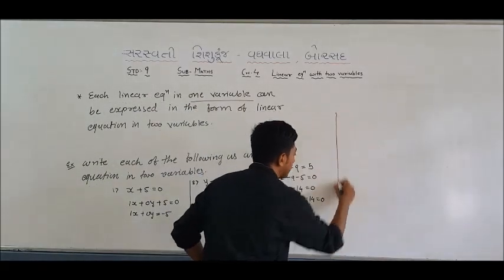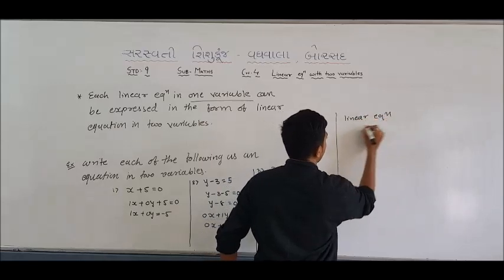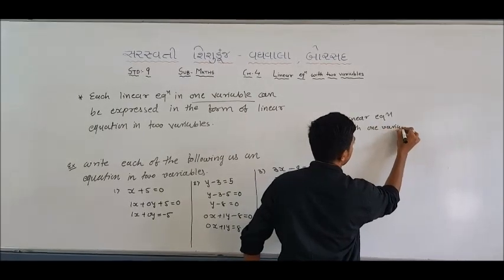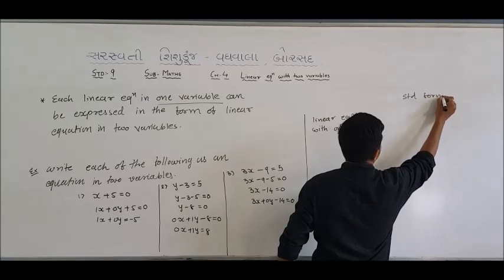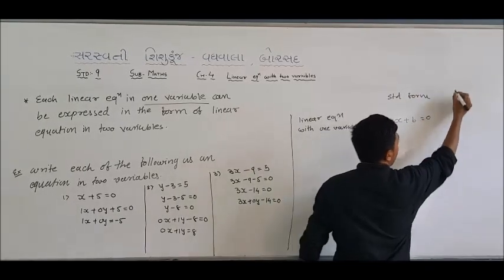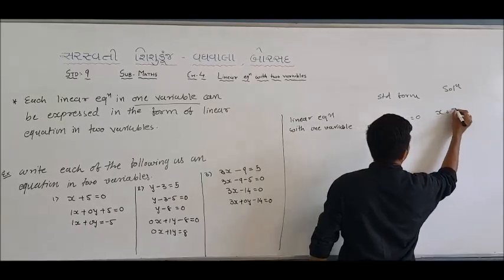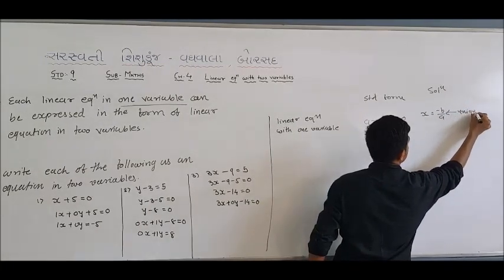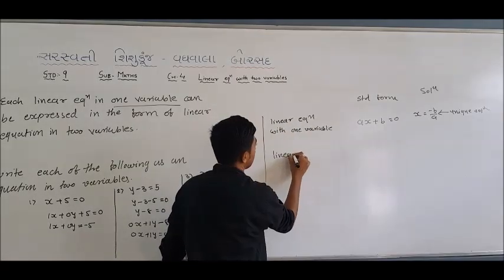So in conclusion, linear equation with one variable: what is the standard form? Standard form is ax plus b equal to 0. And what is the solution? Solution is x equal to minus b by a. That means a unique solution.